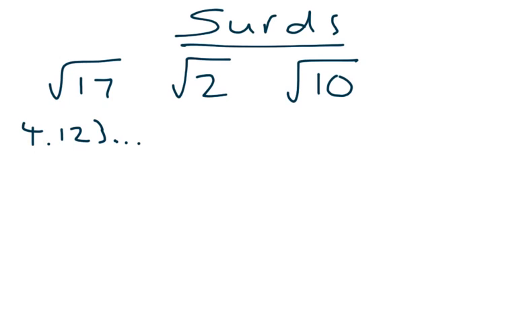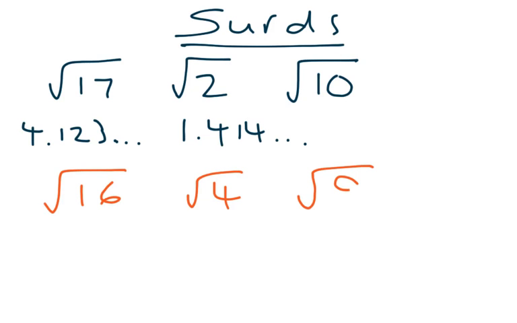Let's try another one. Let's try the square root of 2. 1.414... Try it yourselves, please. So if the number underneath the square root sign isn't a square number, like these examples, it would be a surd.